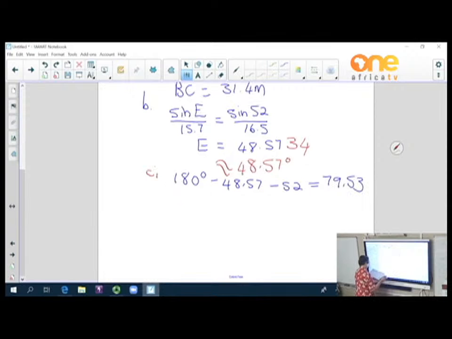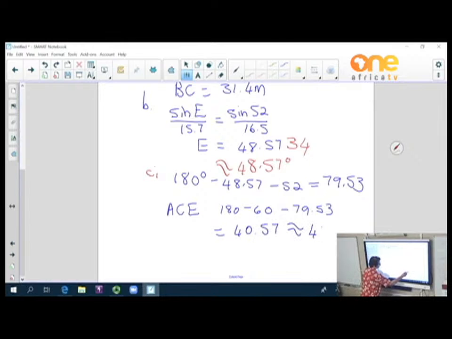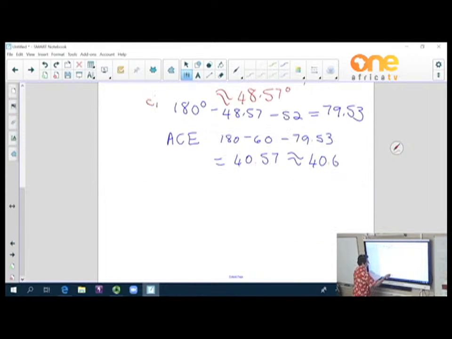Okay, and then we can say that in ACE, in this triangle, it is 180 minus 79.53. Remember they said it was a straight line, so that's why I just subtract them, and we get 40.57, which rounds off to 40.6. So that's how we get that 40.6, just working with the triangles.